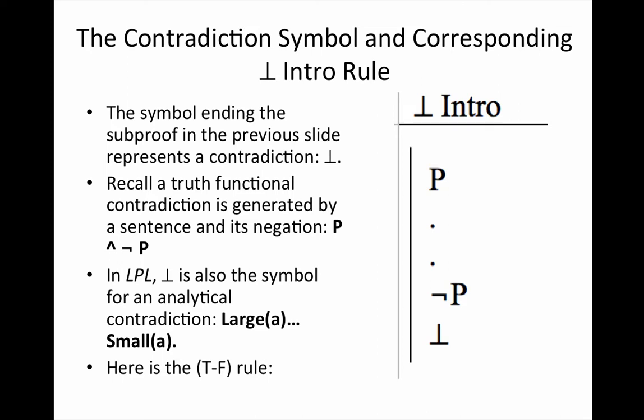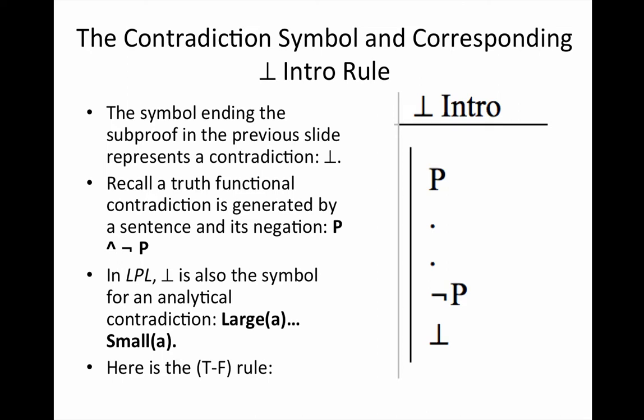Instead, we use the symbol, but we justify the move that we've made, that is the contradiction assertion, by way of Ana Con. And that's just a way for our Fitch program to know that, yes, we've generated a contradiction, but it's not of a truth functional variety.